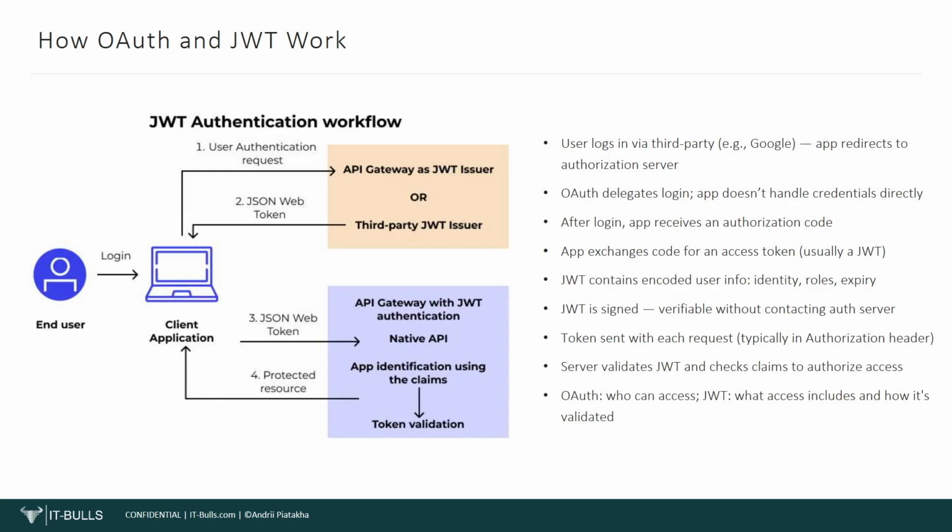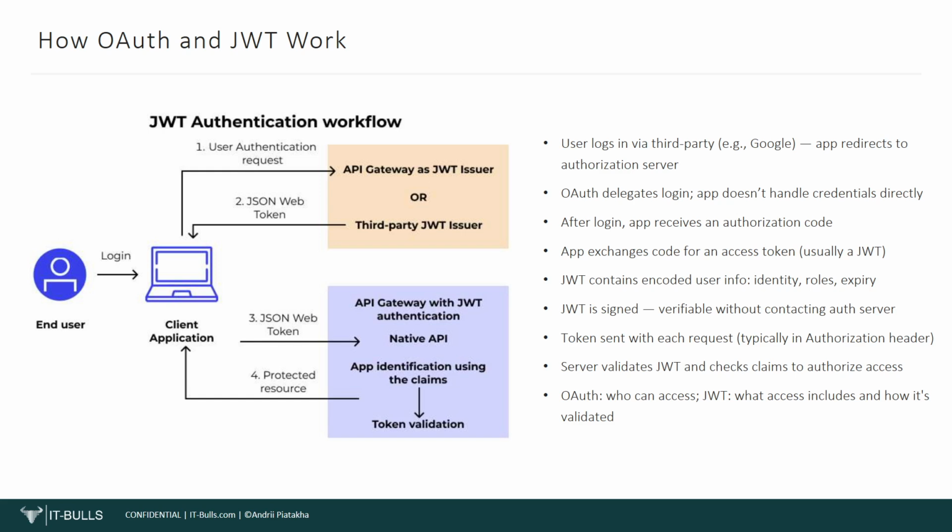Once the user logs in and grants permission, the authorization server redirects them back to the application with a special code called an authorization code. The application then exchanges this code for an access token. This token represents the user's permission to access certain resources, but it doesn't contain the user's actual credentials.